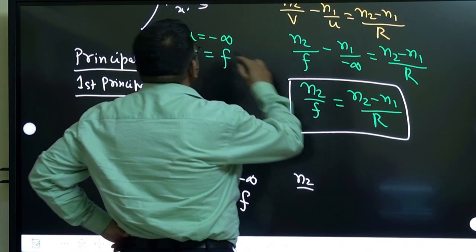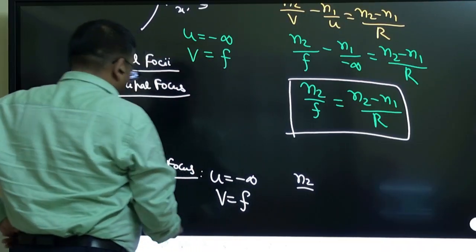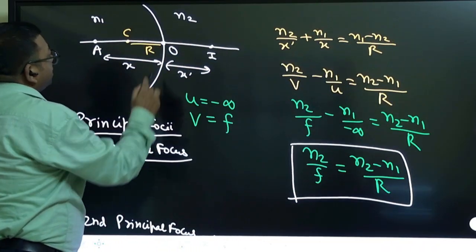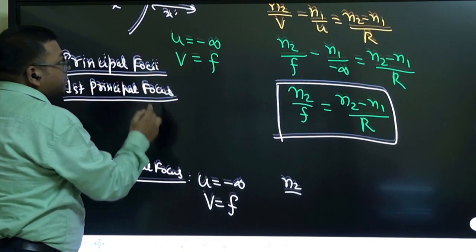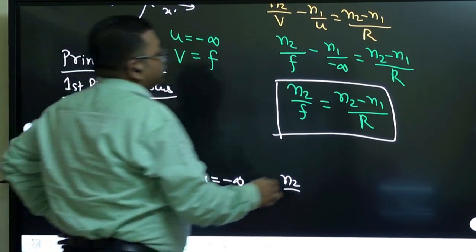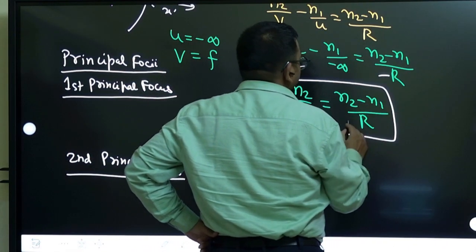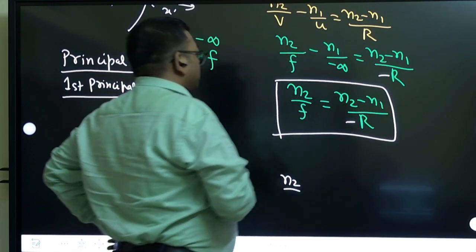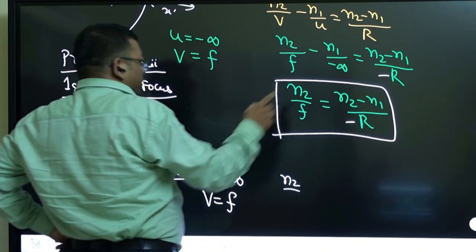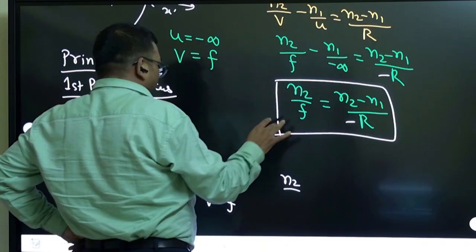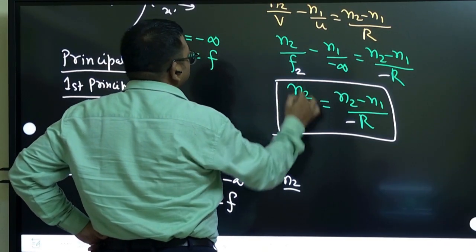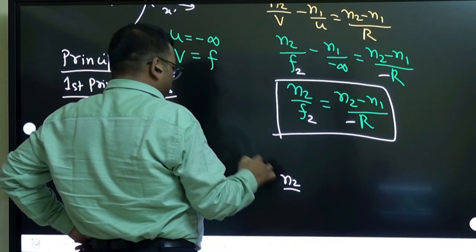Note that in this surface we have taken a concave surface, so I have to substitute r as minus r in this formula. Remember this. Using this formula we get this focus as f2.